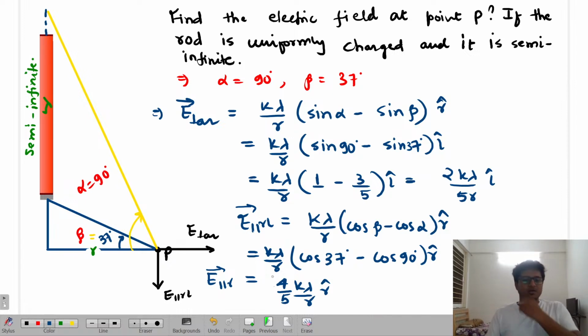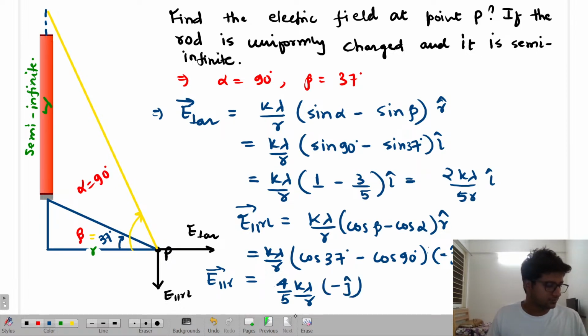So these are my values of E parallel and E perpendicular if I have a combination of semi-infinite and shifted angles. Sorry, minus j cap, not r cap. You have to write minus j cap if it is in the downward direction. Is that clear?